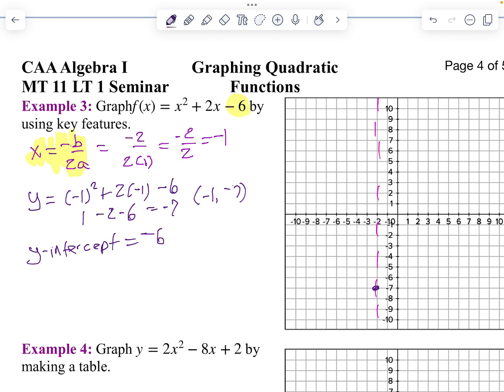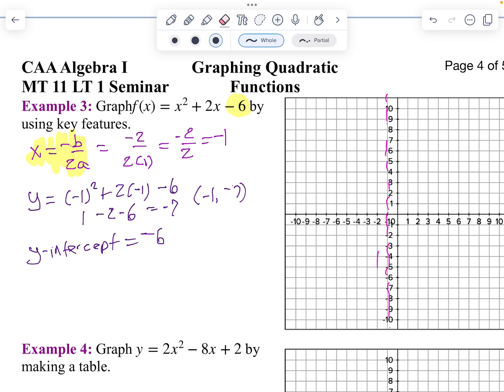So I'm going to put a point at negative 6. Oh, wow. Sorry, I can't read. Let's redo that again. I put my axis of symmetry through negative 2, and it's supposed to be at negative 1, isn't it?